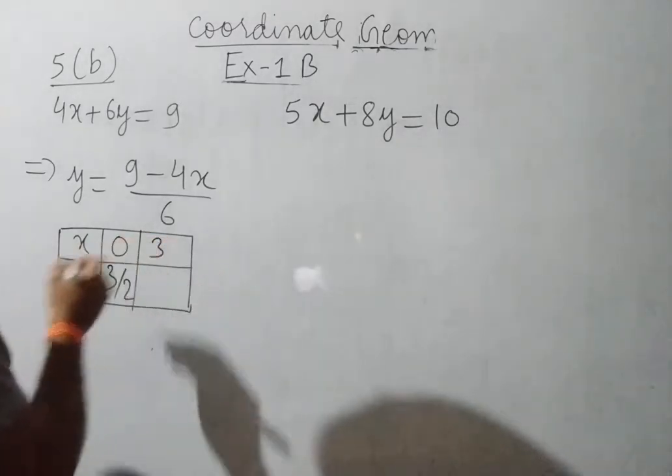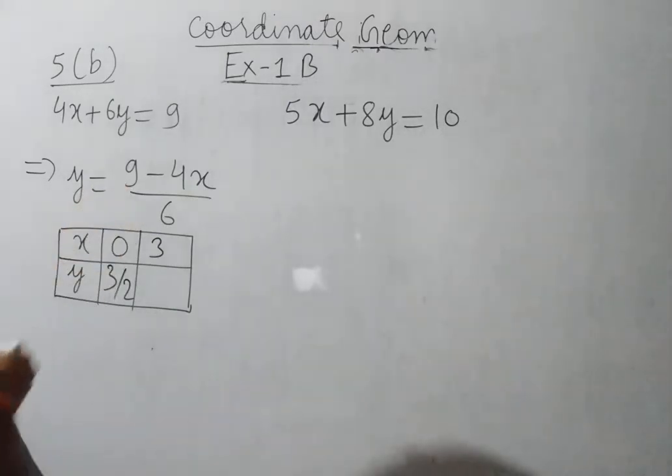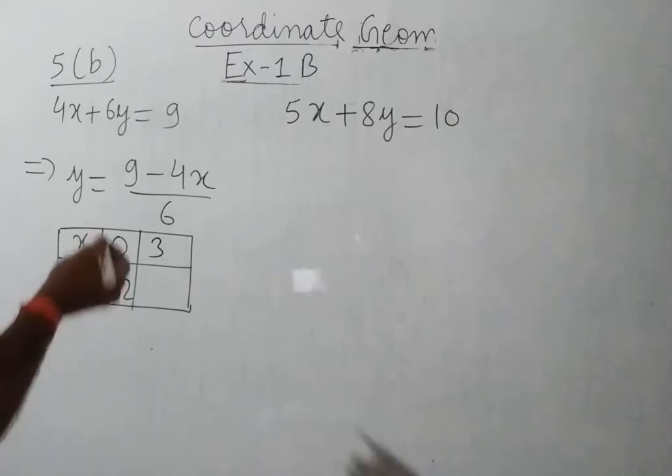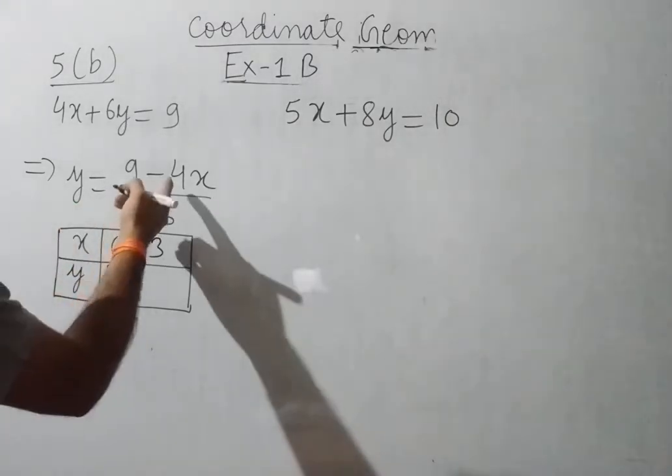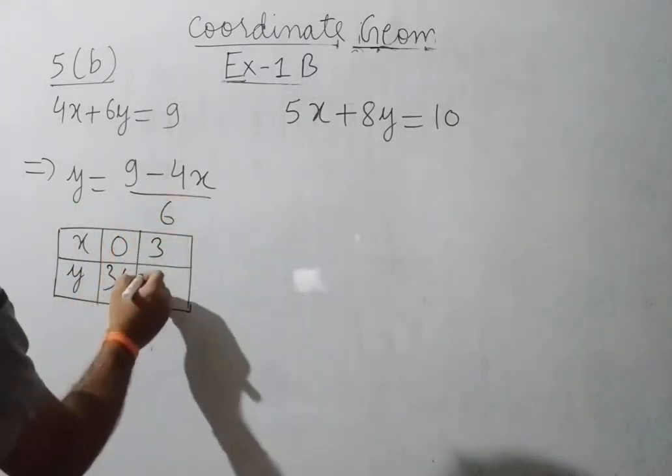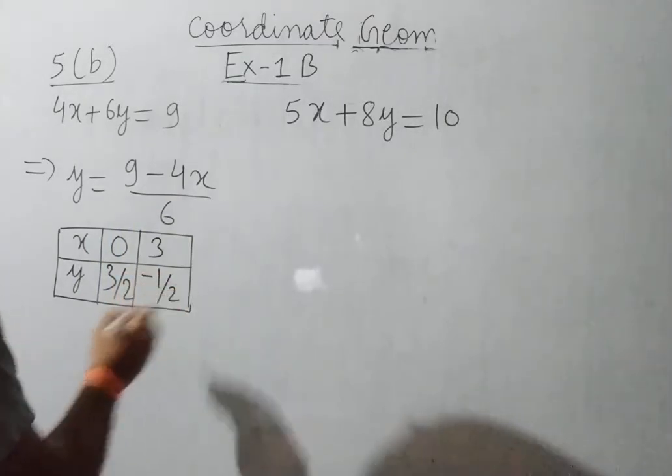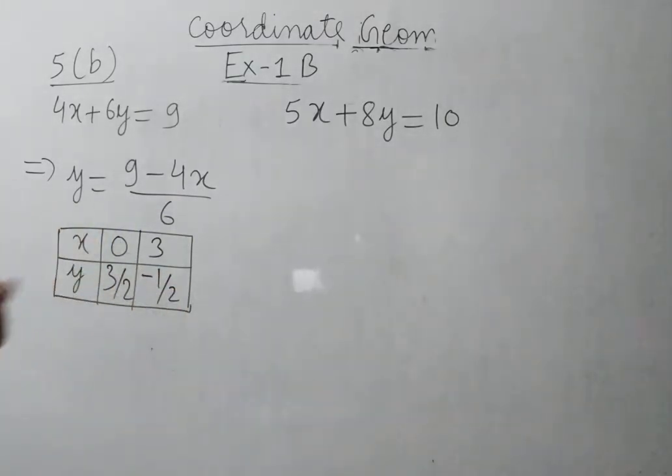If x is 3, this will give (9 minus 12) upon 6, which is minus 1 upon 2. Or we can take minus 3, then, no, 4, 5, minus 4. So it is better to take 3. So for 3 it will be minus 1 by 2. Correct? We have got the two values.